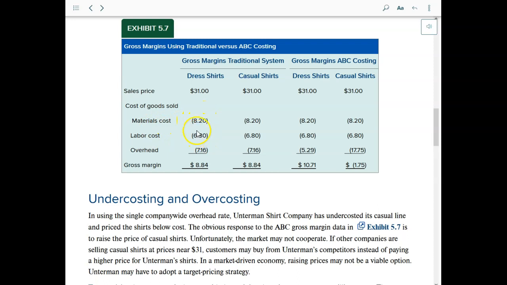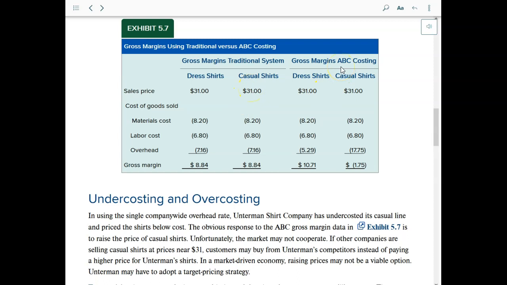They go straight to the dress shirts or casual shirts that you're making, no matter what type of allocation base you're using, traditional or ABC. And so materials, labor, the same. Overhead will be different. Under the traditional method we're going to look at in a minute, we use one overhead rate for everything. Looks like we have a gross margin per shirt, $8.84, no matter what type shirt you're making, a dress shirt or a casual shirt.